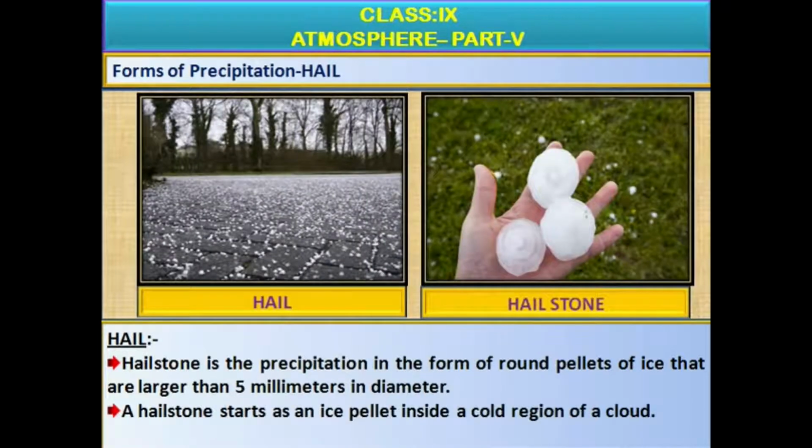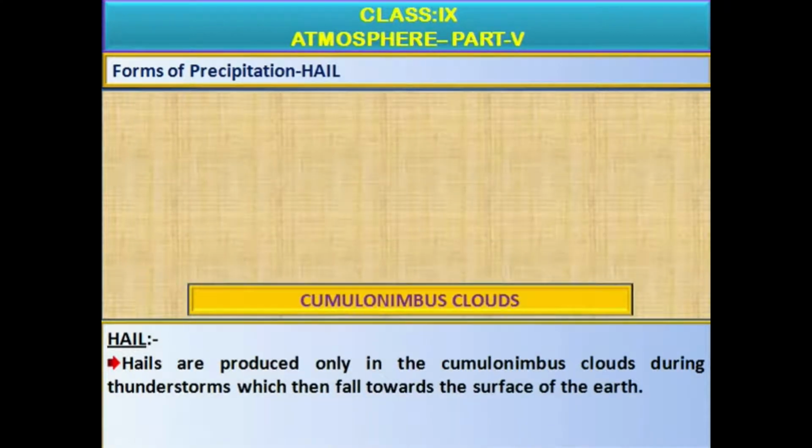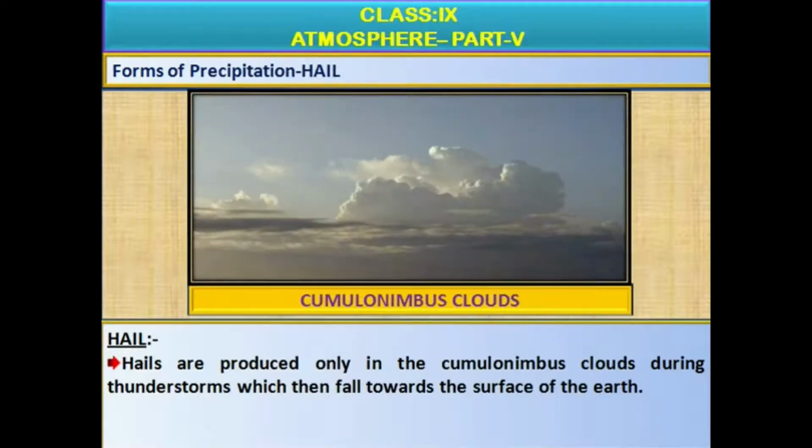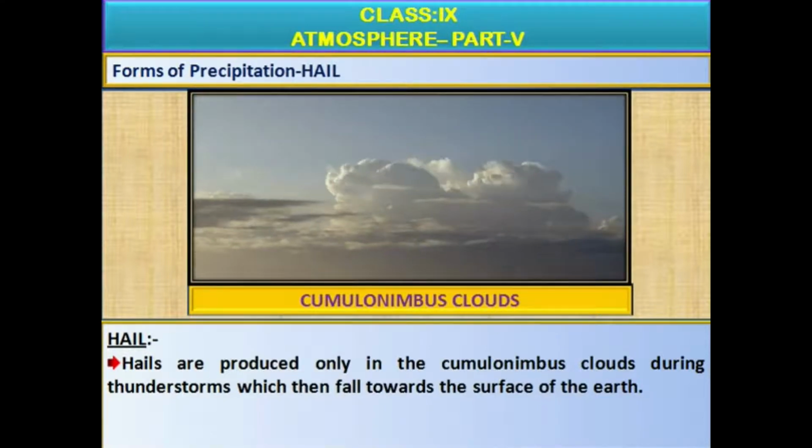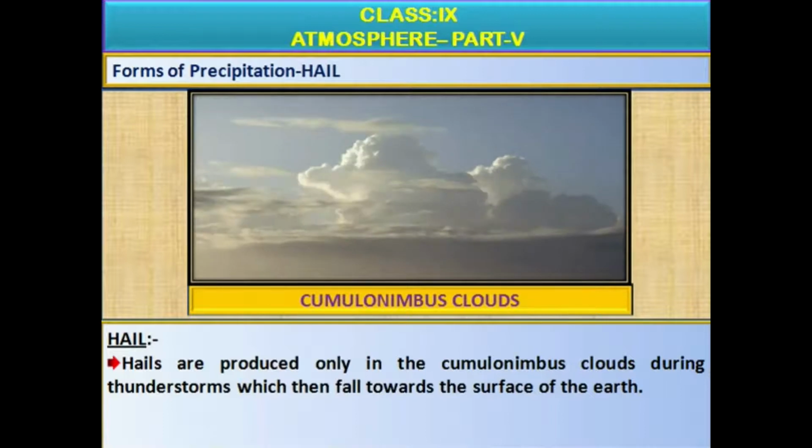A hailstone starts as an ice pellet inside a cold region of a cloud. Hails are produced only in the cumulonimbus clouds during thunderstorms, which then fall towards the surface of the earth.